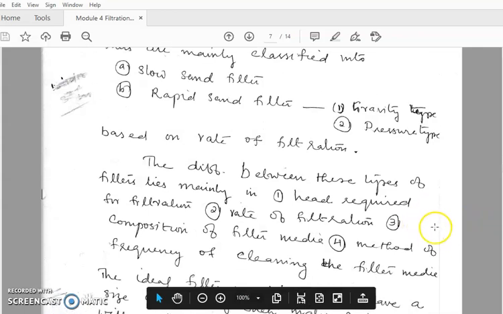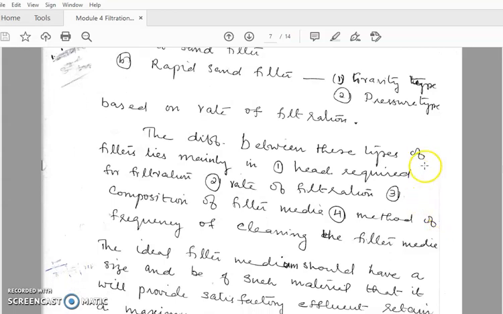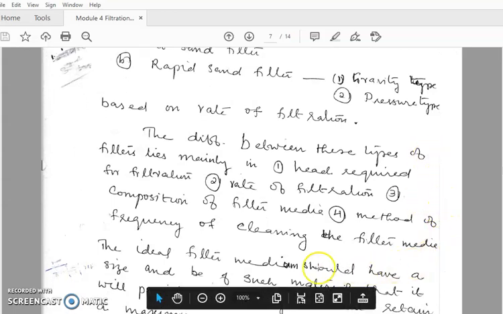The third one is the composition of filter media. And the fourth one is the method of cleaning or the frequency of cleaning of the filter media. These four parameters are the design criteria for the filtration or filter beds.